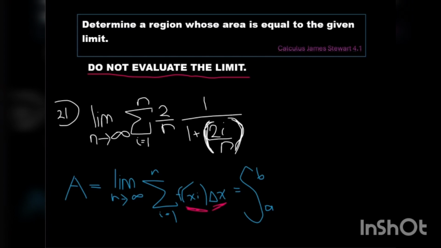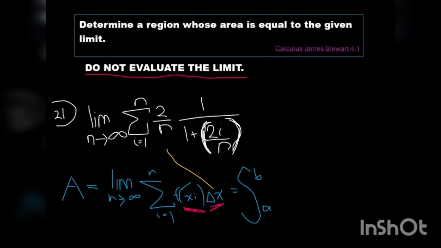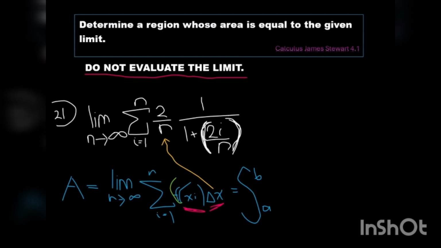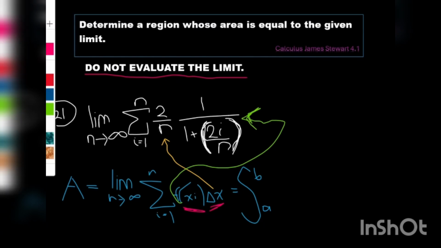You may ask, where is it given to us? Let me show you. Let me highlight this. You can see this is our delta x, and this, in green, is the whole area, that's our interval.